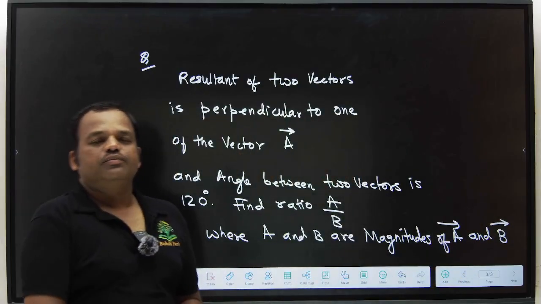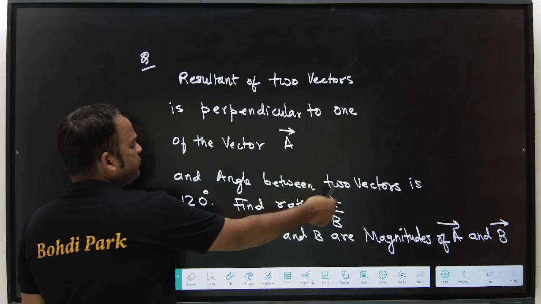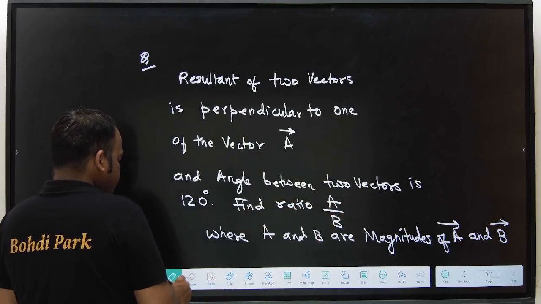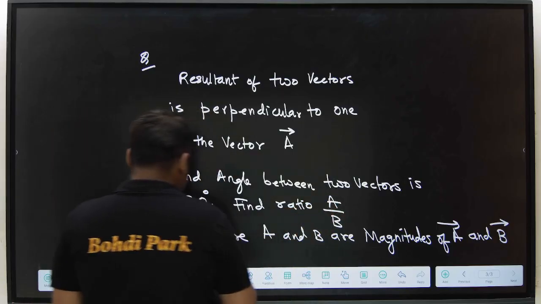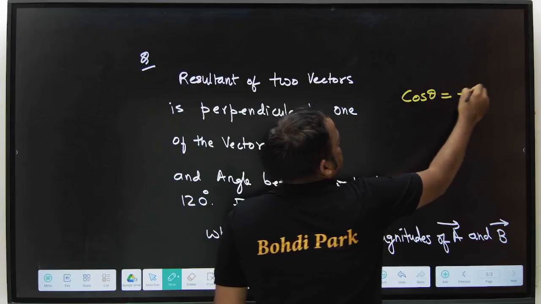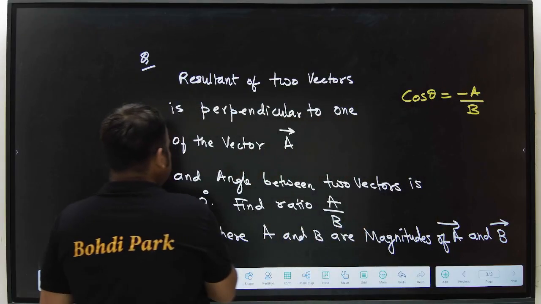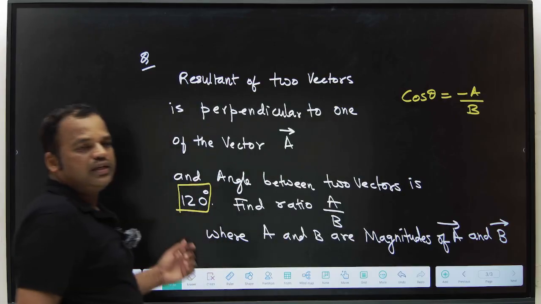So now in this question we'll use the shortcut formula. We just have to find a by b ratio. So we have a formula for this. Cos theta is equal to minus a by b, and the theta given over here is 120.